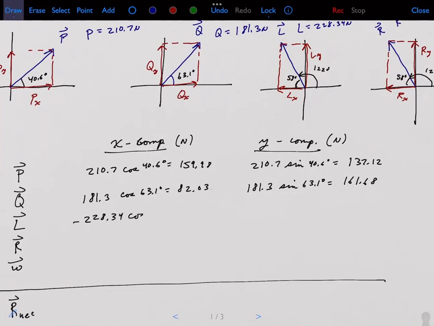228.34 times cosine of 58 degrees. And that'll be negative 121. And then for the Y component, it's positive. It'll be 228.34 times sine of 58 degrees. And that's going to be 193.64. And then R is exactly the same, right?